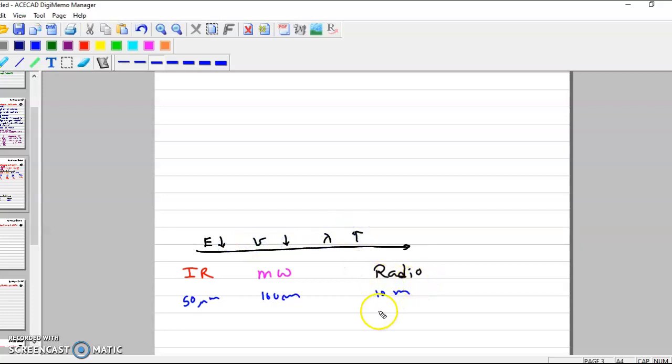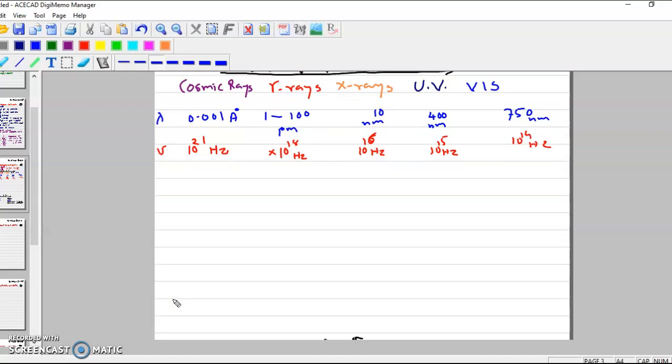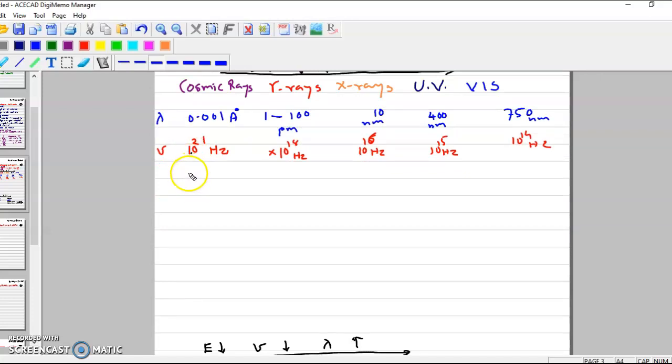That means radio wave has minimum energy and maximum wavelength, while cosmic rays have maximum energy and minimum wavelength.